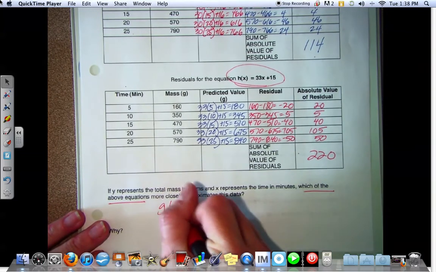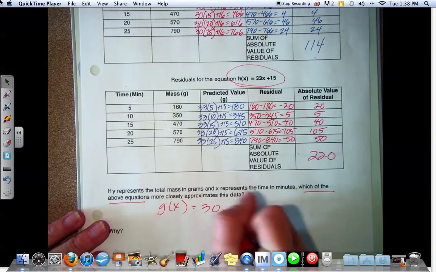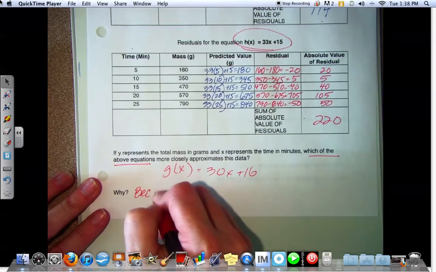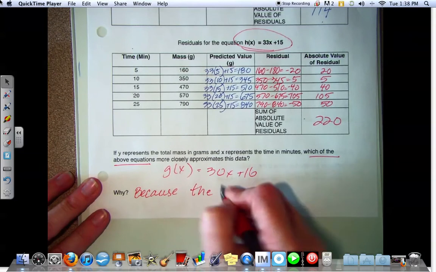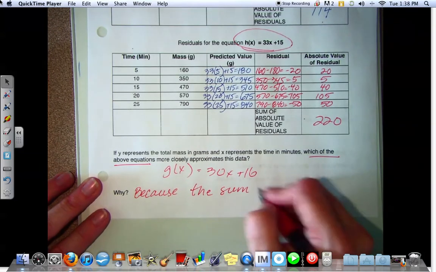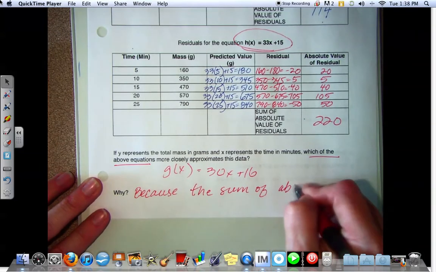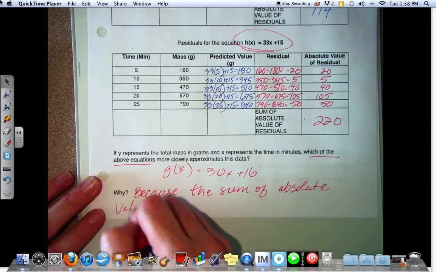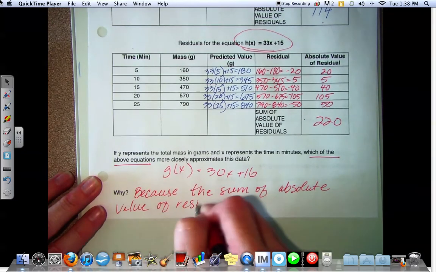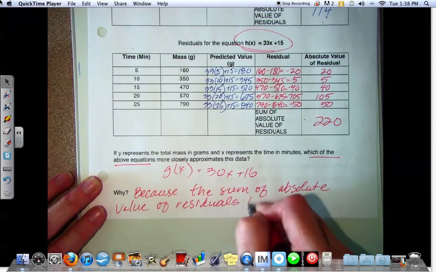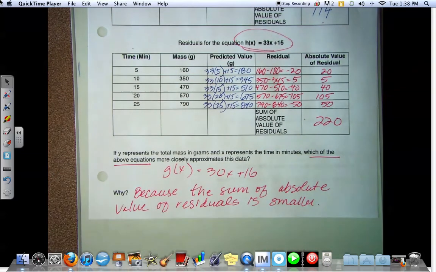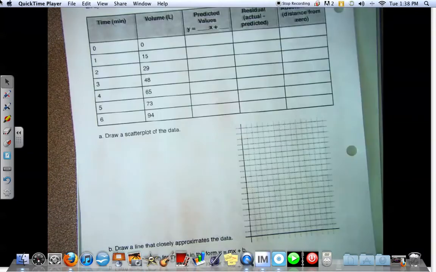The first one. g of x equals 30x plus 16, because the sum of the absolute value of residuals is smaller. Very nice. Good.